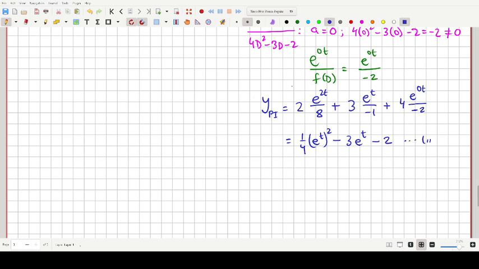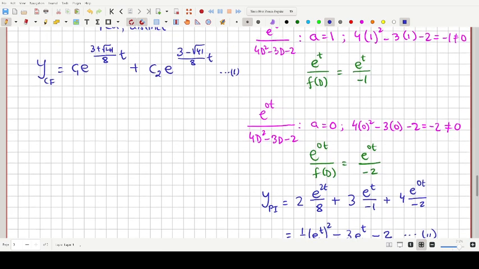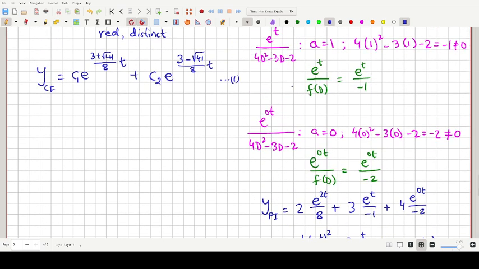Let's label this as the second expression. Okay, let's return to the first expression and make a few changes over there. So we can write this as c1 (e^t)^((3 + √41)/8) plus c2 (e^t)^((3 − √41)/8).